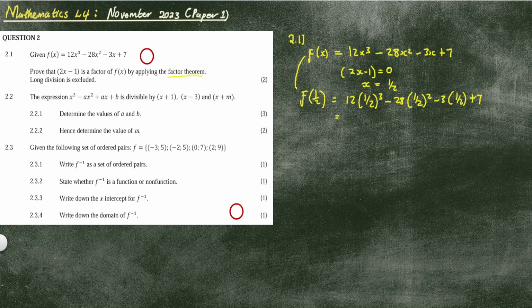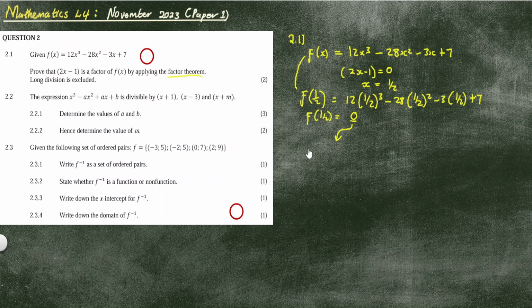Unfortunately, you can't see the calculator on the screen right now, but while I'm doing it, also do it. Take a calculator and calculate the value of this expression. The answer is 0. So f of a half gives us 0.